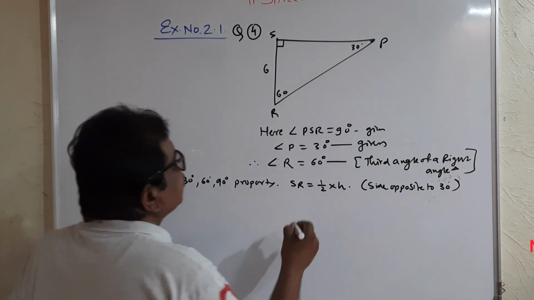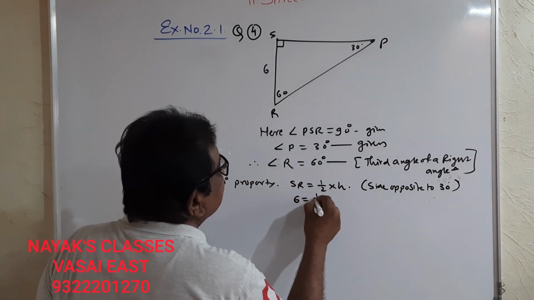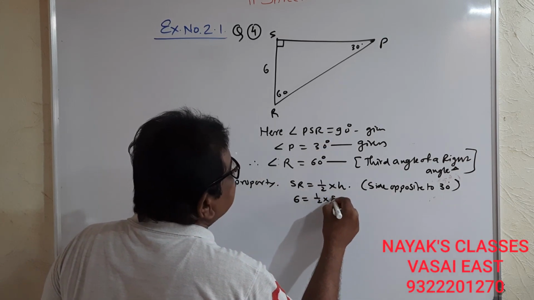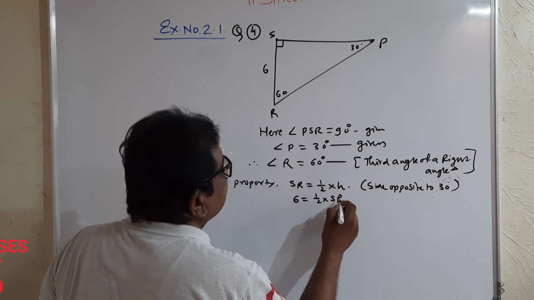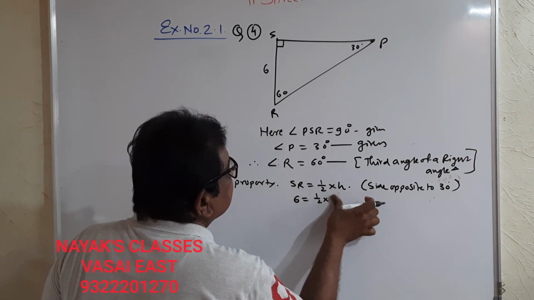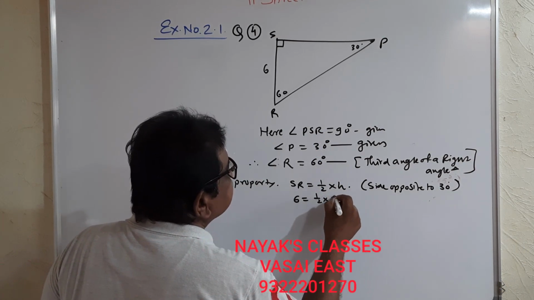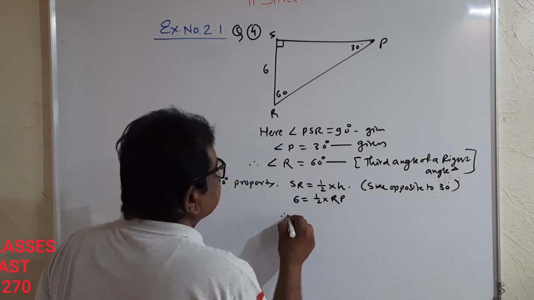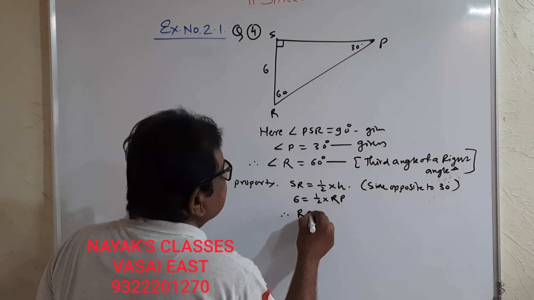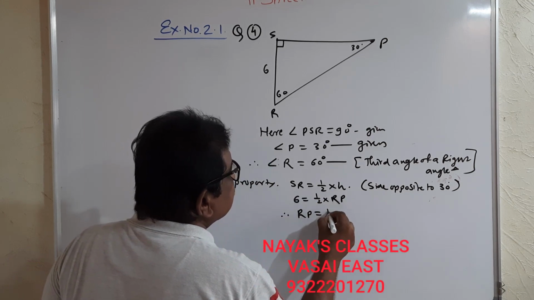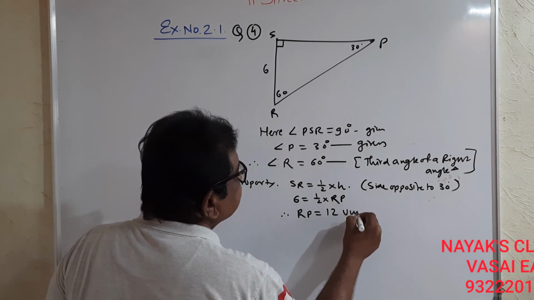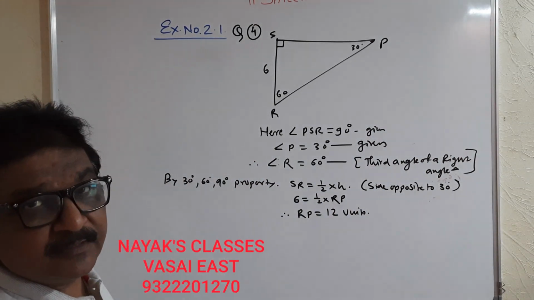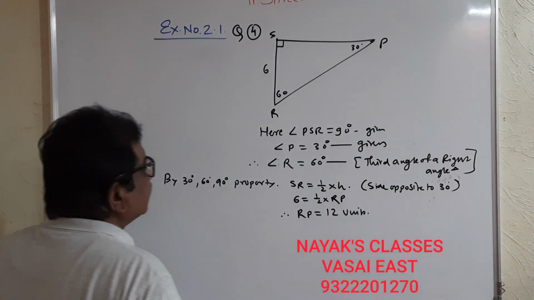So 6 is equal to half into hypotenuse RP. Therefore, RP is equal to 12 units.